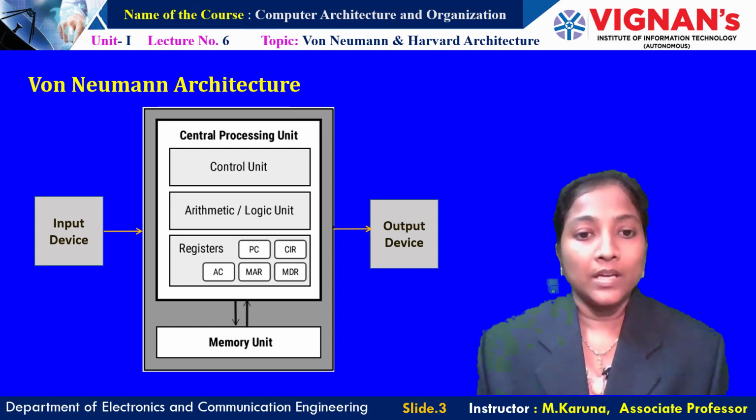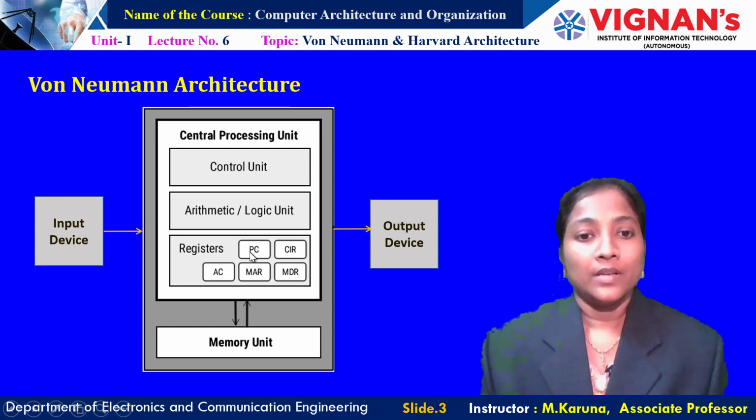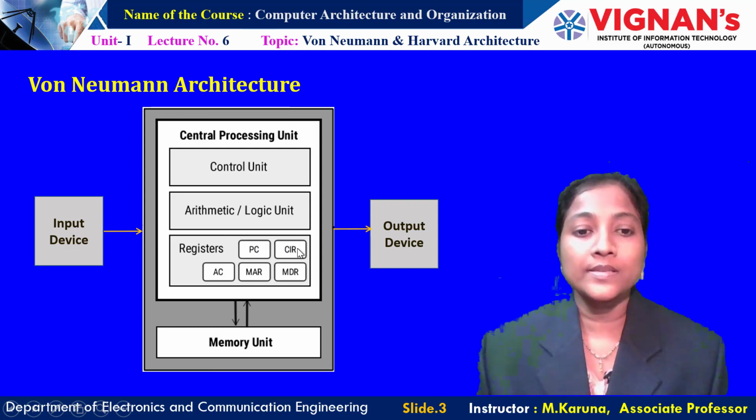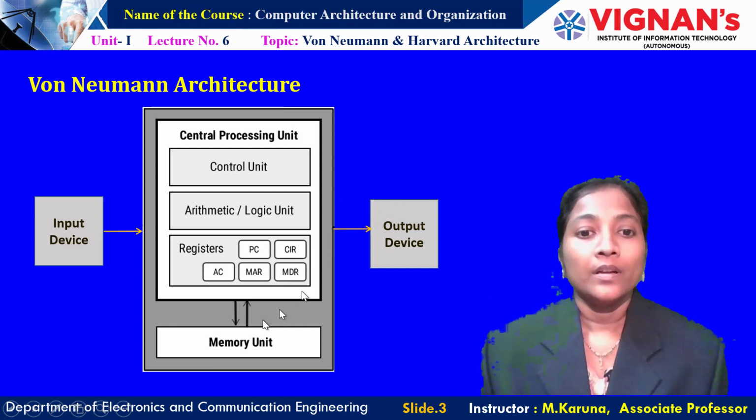Let us see the registers of the Von Neumann architecture one by one. Registers are the program counter, current instruction register, accumulator, memory address register, and memory data register. The memory address register holds the address of the instruction code or data.